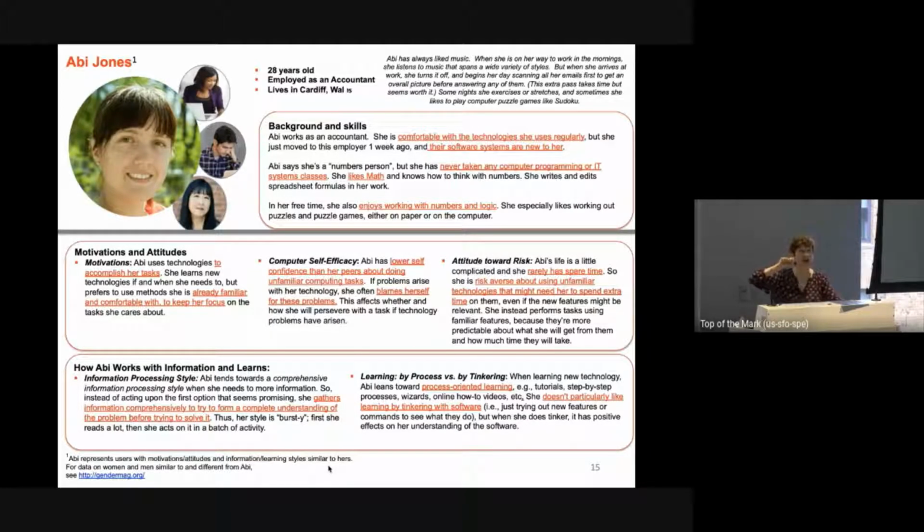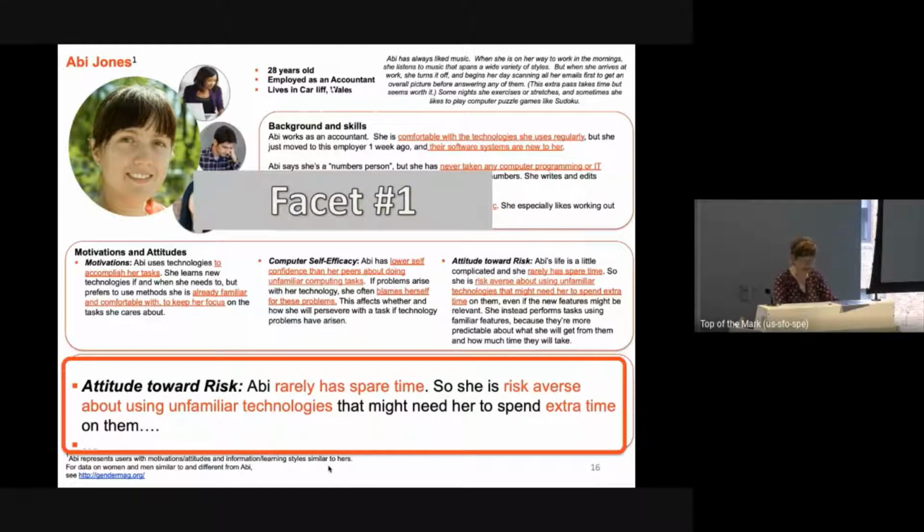You can't change that because that's an underlying assumption of the cognitive walkthrough itself. So it's new to that person. Maybe they're brand new at the company. The bottom half you cannot change because those are Abby's cognitive styles. If you don't want to use those cognitive styles, then you switch to a different persona like Pat or Tim. But we're just talking about Abby right now.